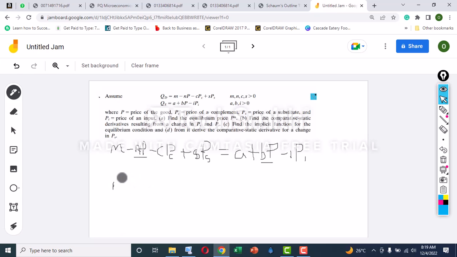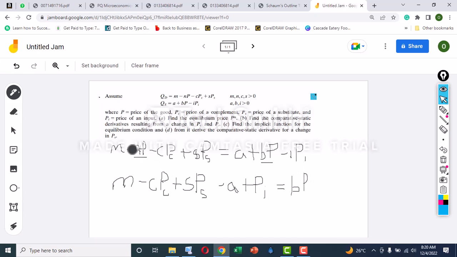So we have M minus C PC plus S PS. Then A comes like this, so it becomes minus A, and I PI comes like this, it becomes plus I PI, is equal to, then we have our BP here.